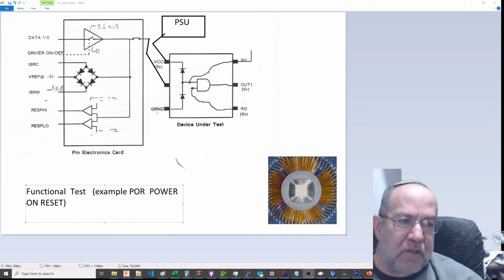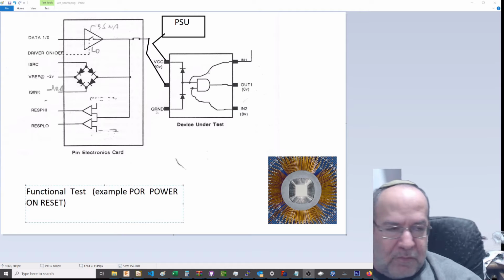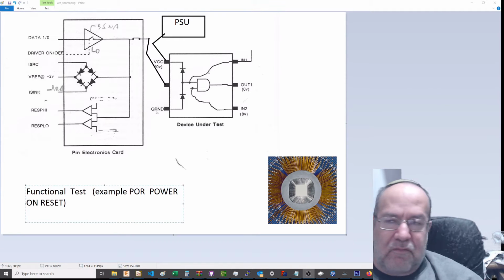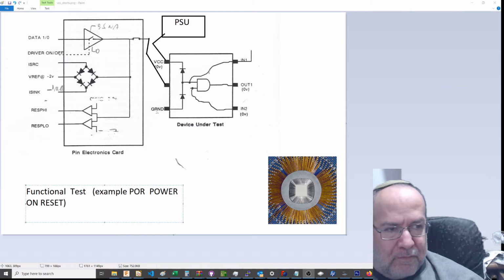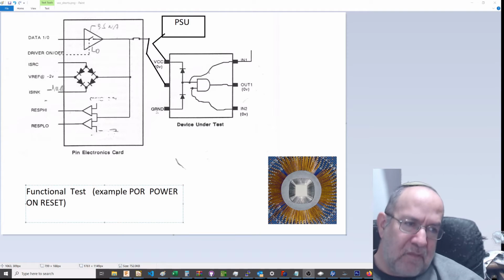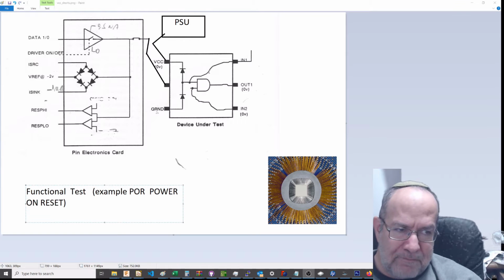But today no one writes test patterns, it comes out of System Verilog. Okay, this is your basic functional test. Okay, I've used a very simple example of power on reset.